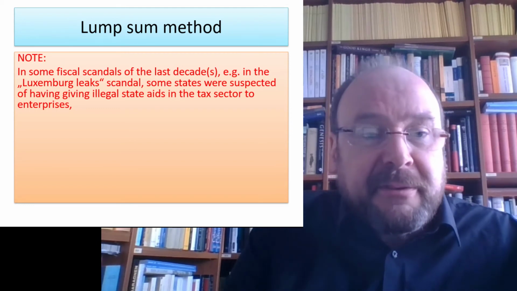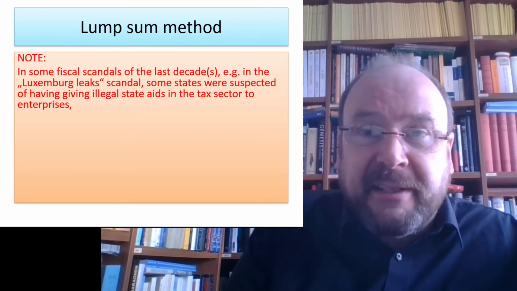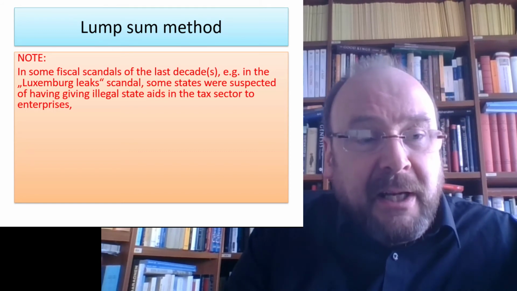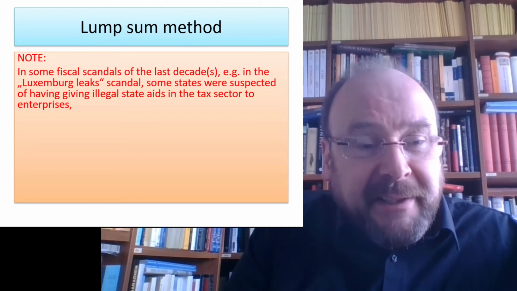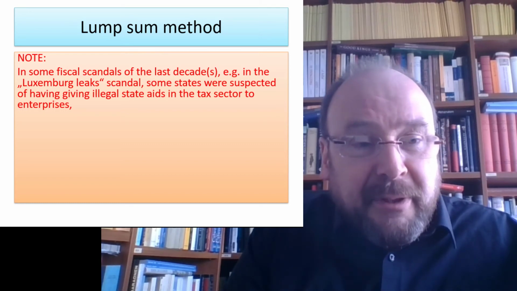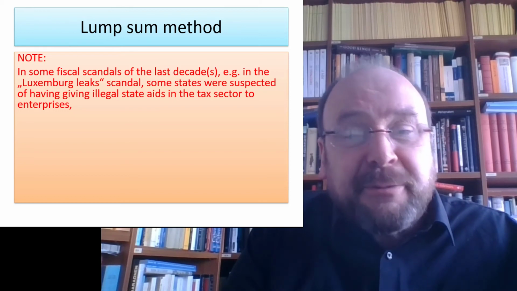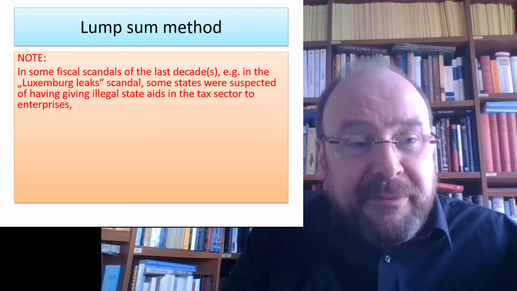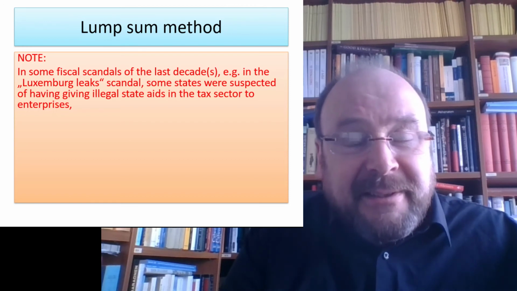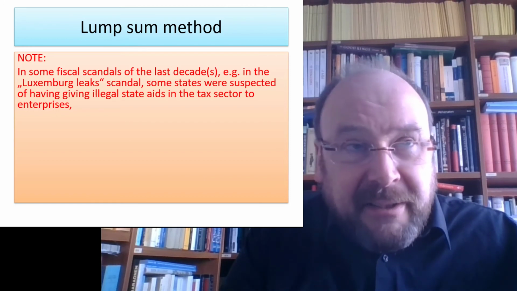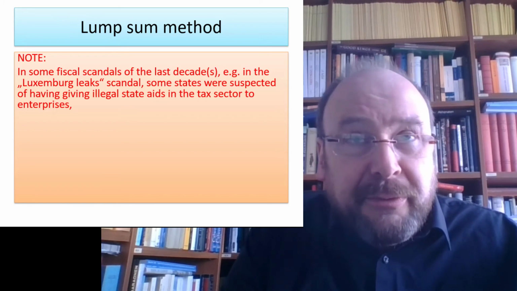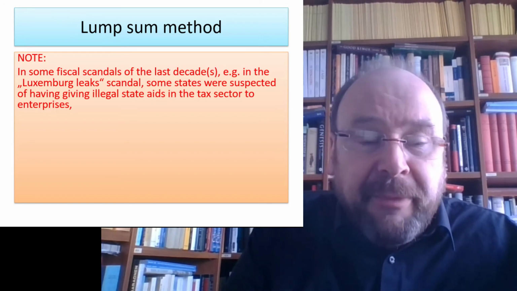And from time to time, when a scandal comes up concerning state aid cases in the tax area, one wonders how these other countries have done it. For example, some years ago there was a Luxembourg leaks scandal, where Luxembourg was suspected that 10 or 20 years ago they had granted illegal state aid in the tax area to many foreign companies or multinational groups to motivate them to go to Luxembourg.